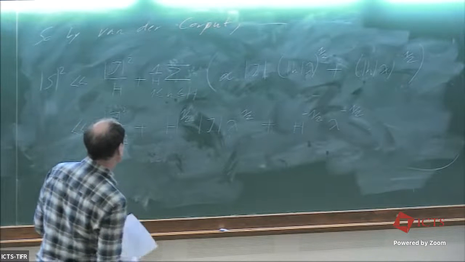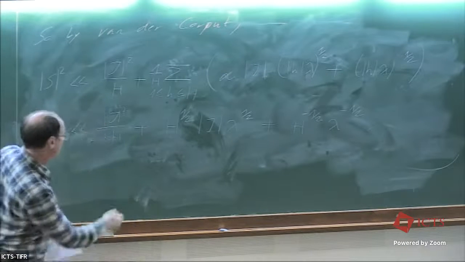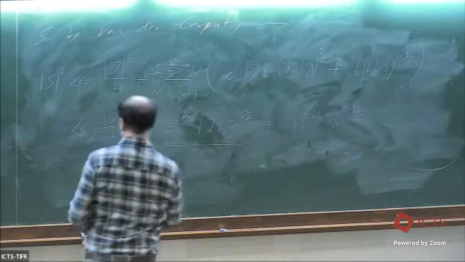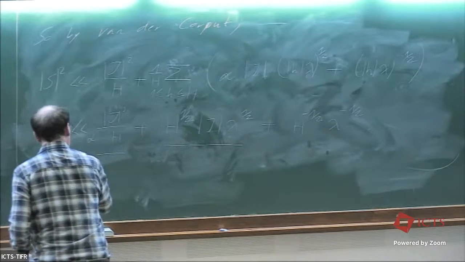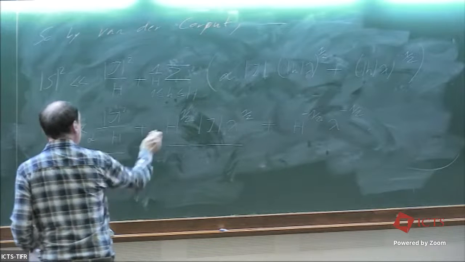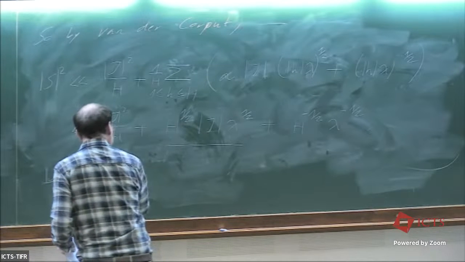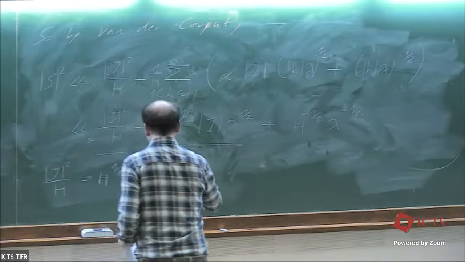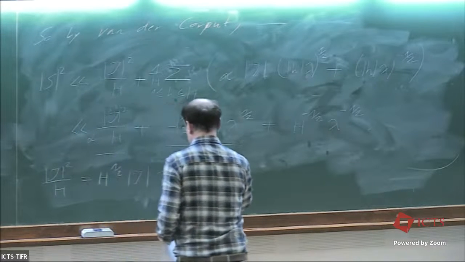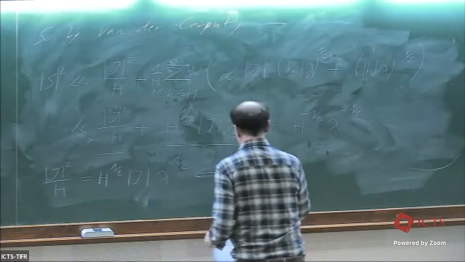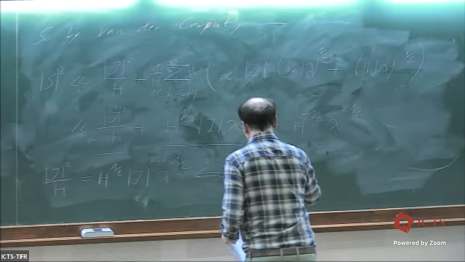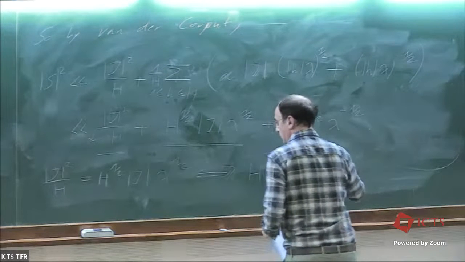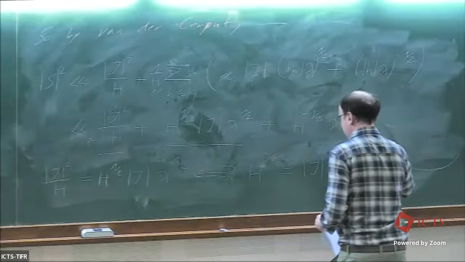Yeah. So now we need to balance the terms. We should balance that term and that term. So we choose H in such a way that these terms are approximately equal. So that gives H to the 3/2 is equal to I lambda to the minus 1/2.